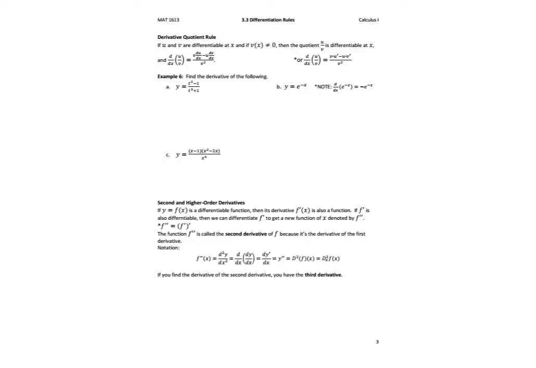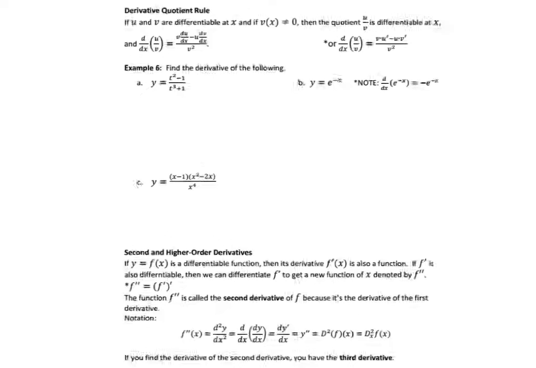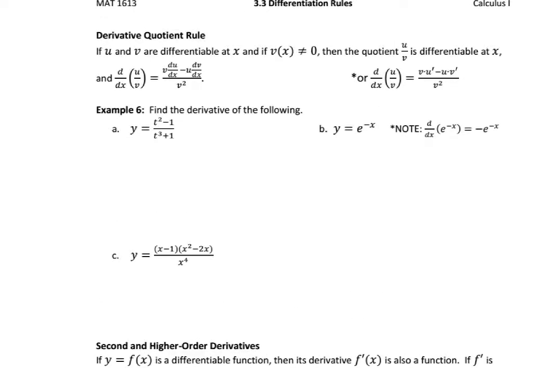And finally, we have the quotient rule, which is a lot like the product rule. But now in the product rule where you were saying first derivative second plus second derivative of first, you kind of do that backwards here.